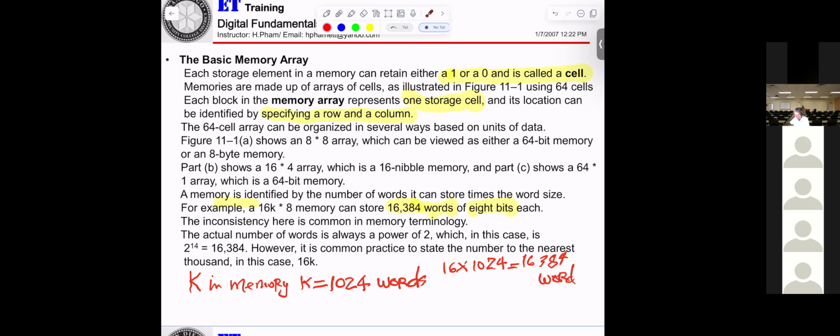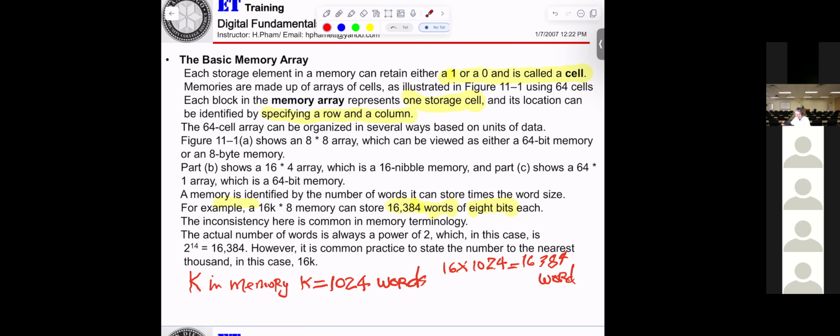Basically, a memory is identified by the number of words it can store times the word size. For example, a 16K by 8 memory can store 16,384 words of 8 bits.